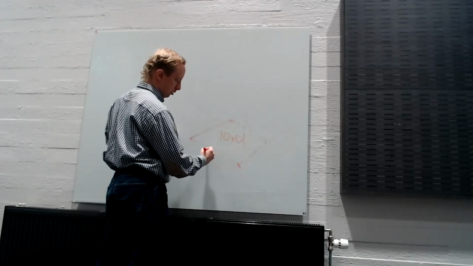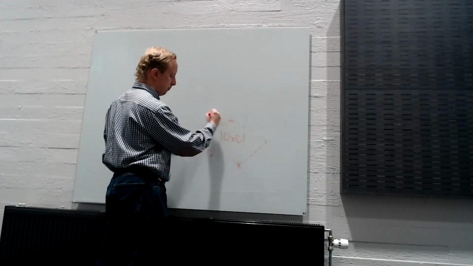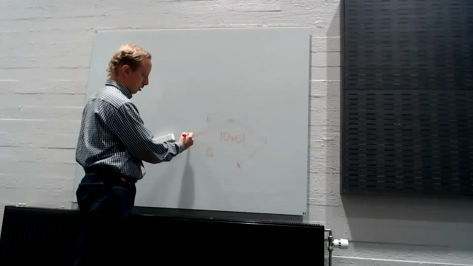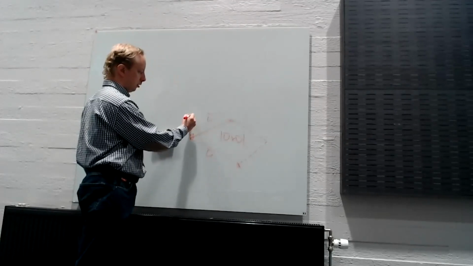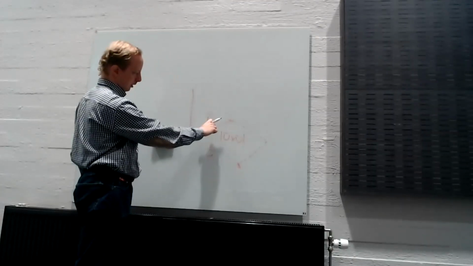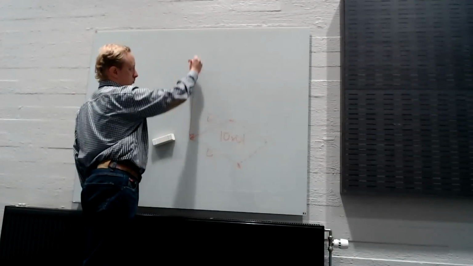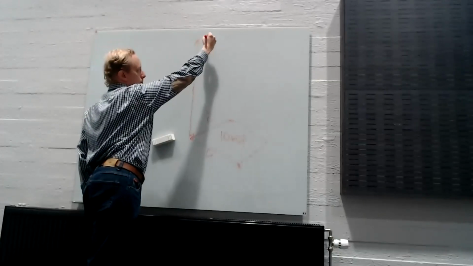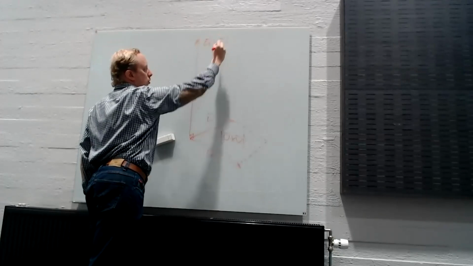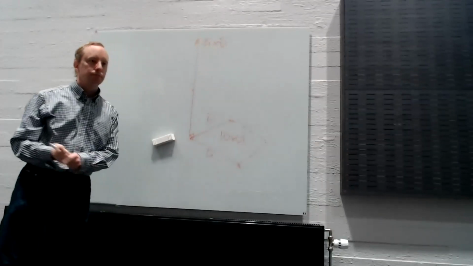Here's the area. If this is u and this is v, then it will point to that, well, that length, somewhere here, u cross v. So pointing in the normal direction.